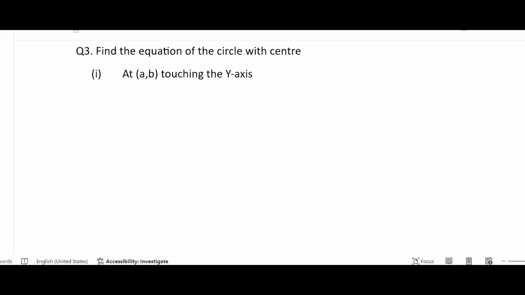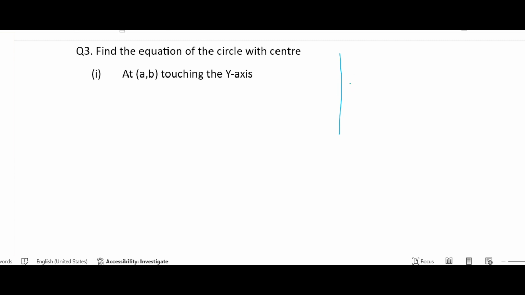You have to find the equation of a circle with center at a comma b and touching the y-axis. So if the center is at a comma b, let's draw it. Suppose this is your graph. We'll pay attention to only this. Let's get rid of your x axis, so this is your y axis.